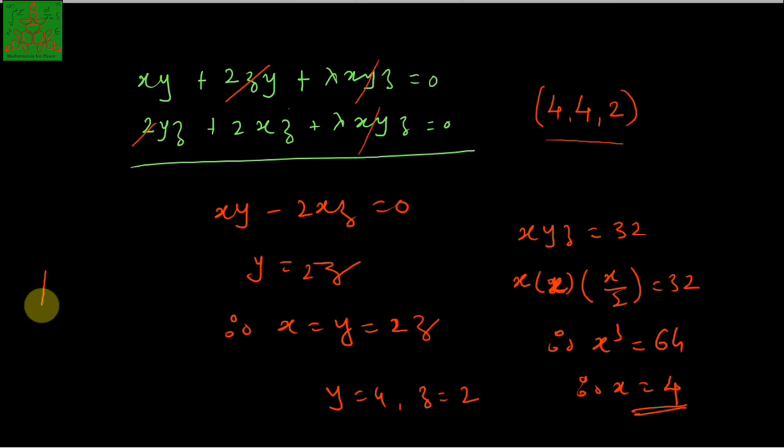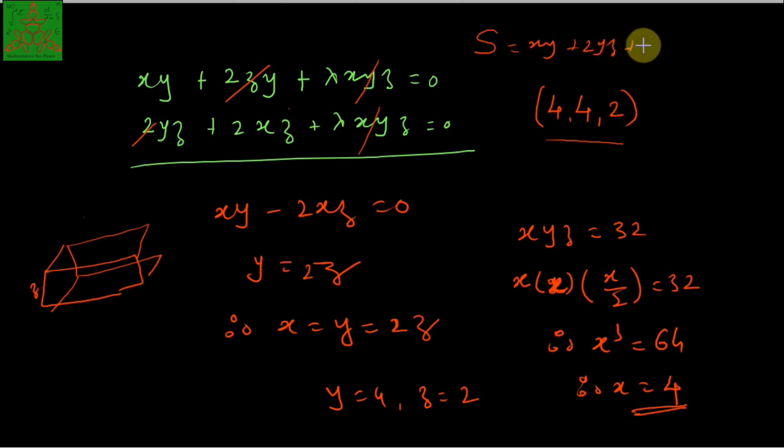If you have a rectangular box where z is the height, and the value of z is small, the box is flat with a large base, showing that S is large, because the function S is xy plus 2yz plus 2zx.